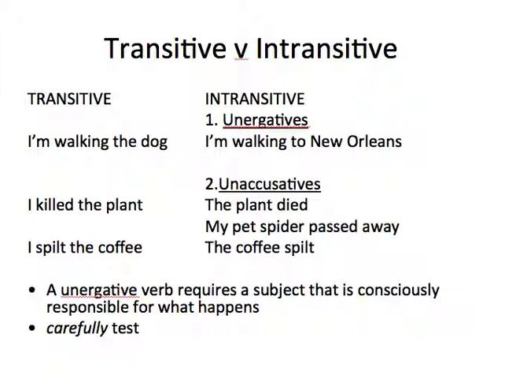And we can begin to use the carefully test. I'm carefully walking to New Orleans. Yeah, sounds good. The plant carefully died. No, that's weird. So a test for distinguishing between unaccusatives and unergatives is the idea of a conscious subject responsible for what happens, and you can use that carefully test.